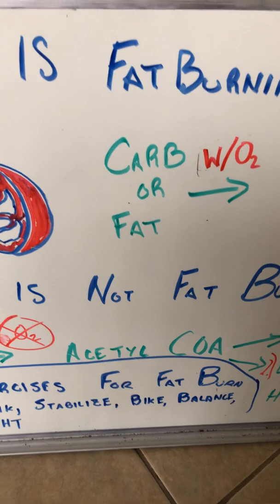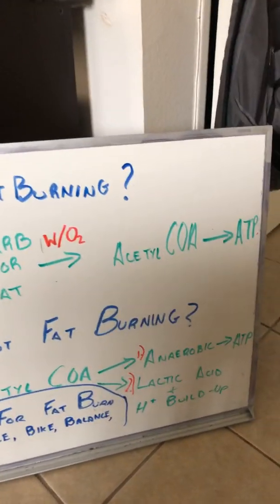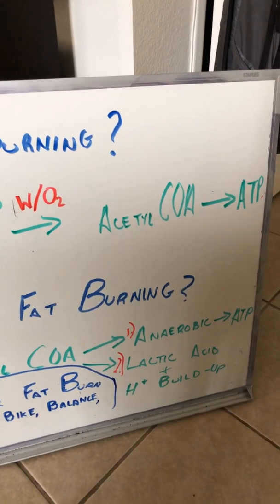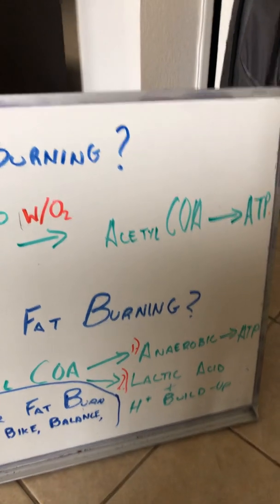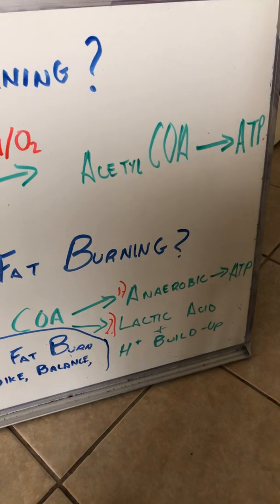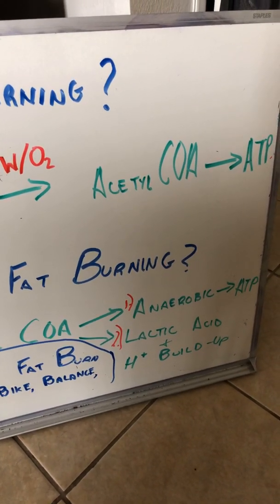But it can't go into the normal pathway it would if it was burning fat. So you have an anaerobic pathway with the carb. It's not going to make as much ATP.